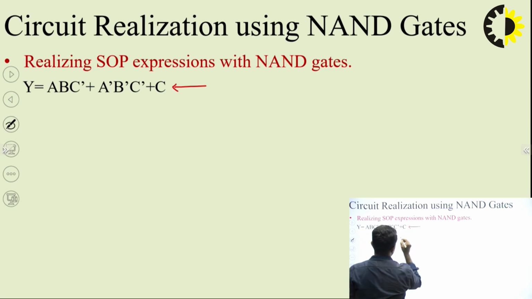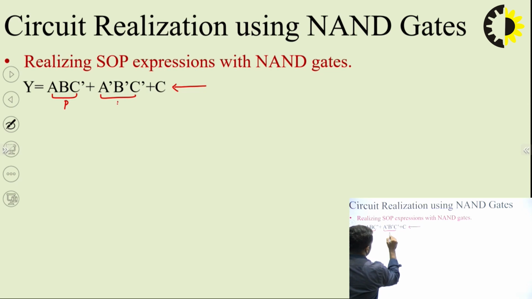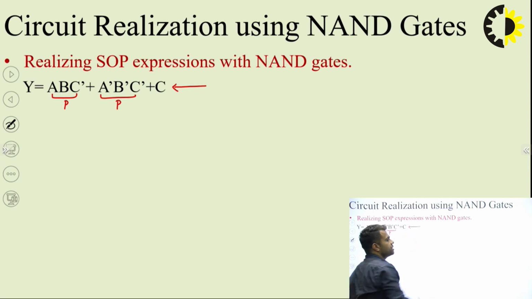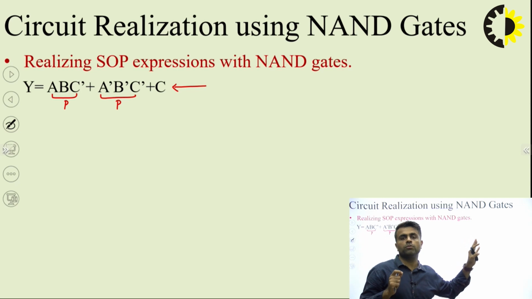Here you can see that this is a product, this is another product. By product we mean that this must be coming from the output of an AND gate. But there is a single variable C which is not a product. That means this third variable in the sum of these three things is not coming out from the output of an AND gate.